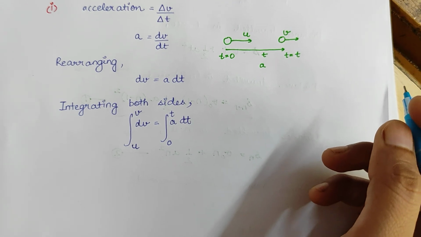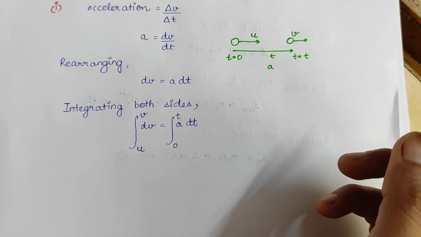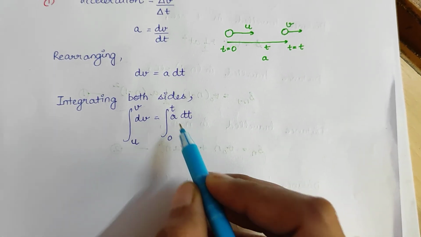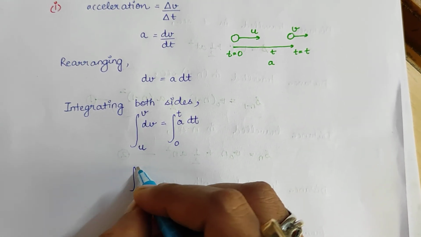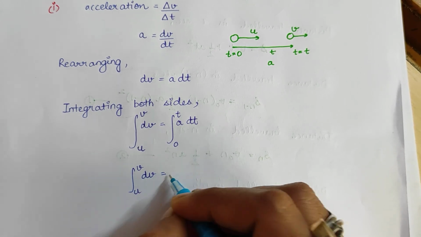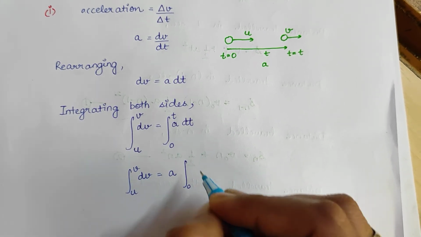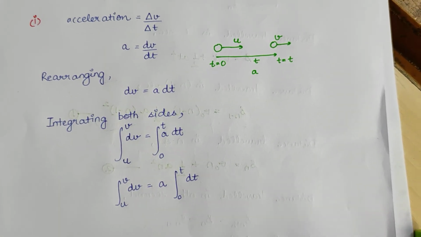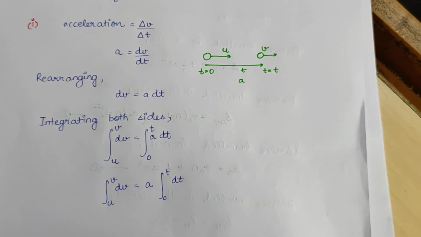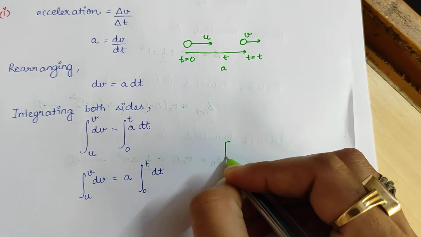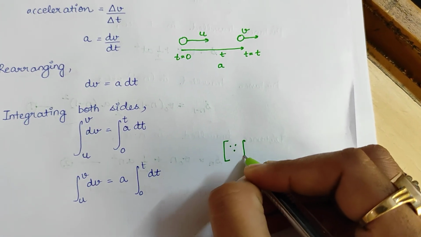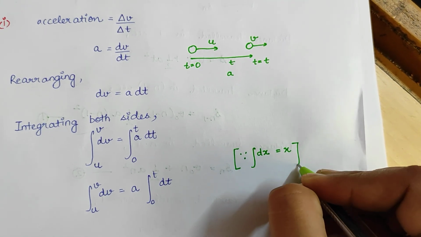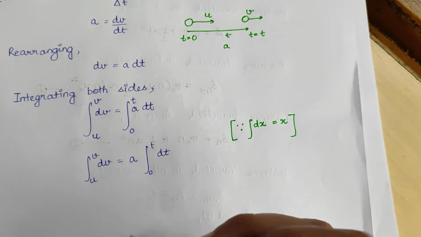Now we will integrate this equation. As acceleration is constant in this case, we will take it out and write dt again. By the integration formula, the integration of dx equals x.